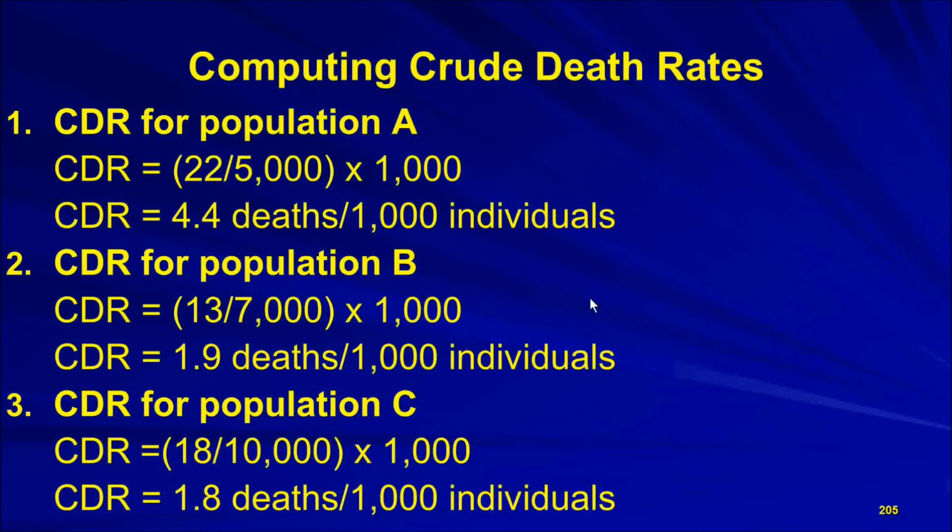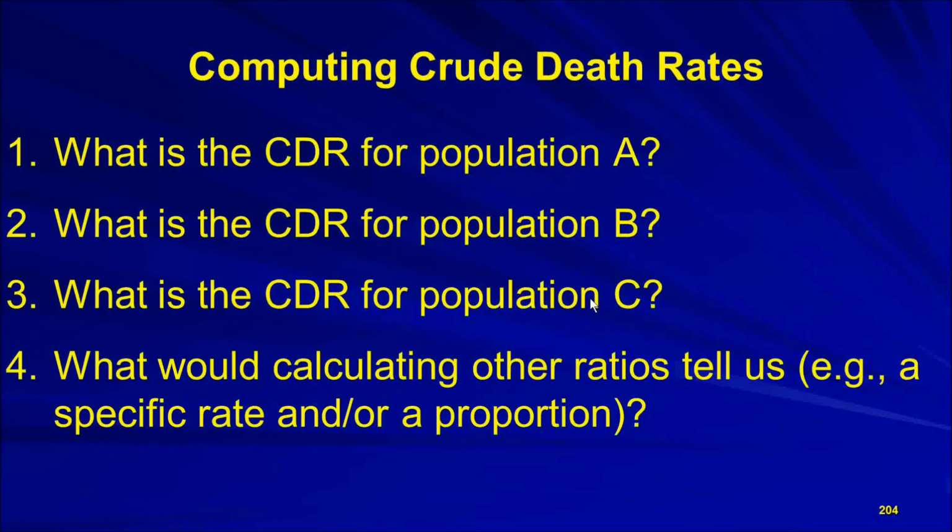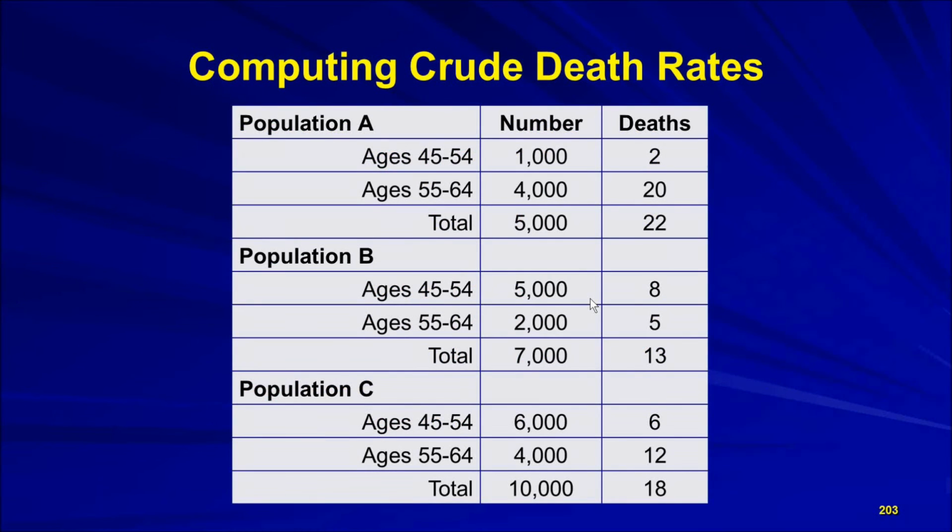Now, why are more people dying in population A than they are in B and C? And what statistic of the few that you've learned would you use to help answer this question? Well, let's think a minute. Is there anything that you noticed, and you can go back and study the graphic yourself again, anything about the distribution of the data that seems particularly peculiar, and how would you find that out?